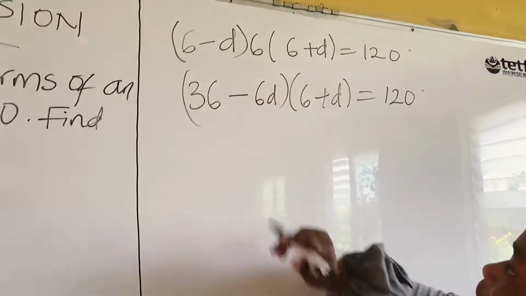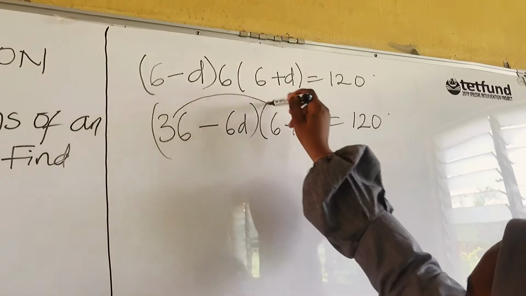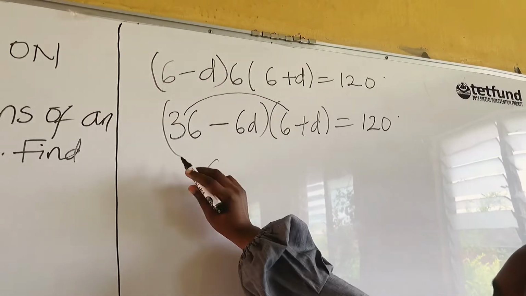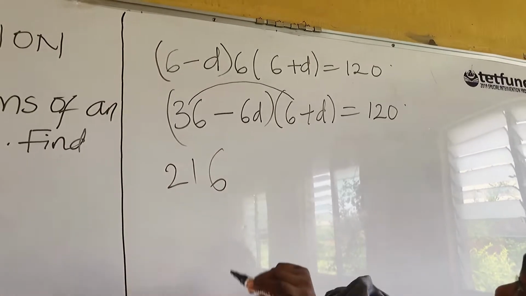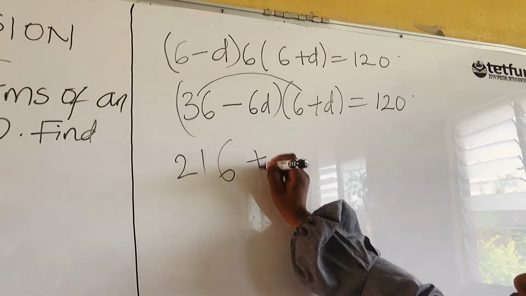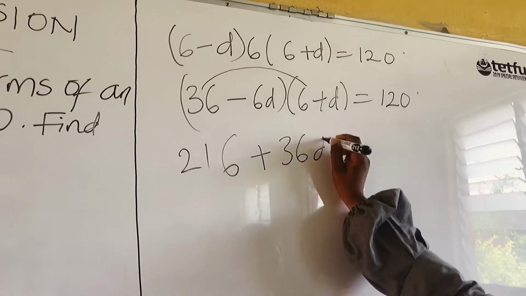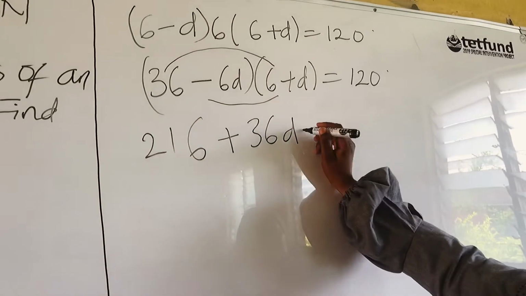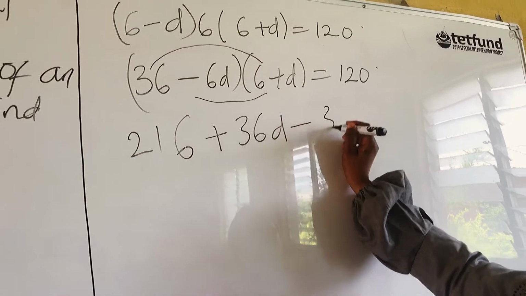So let's expand this one. 36 times 6 is 216. Then 36 multiplied by D is plus 36D. Minus 6D multiplied by 6 is minus 36D.